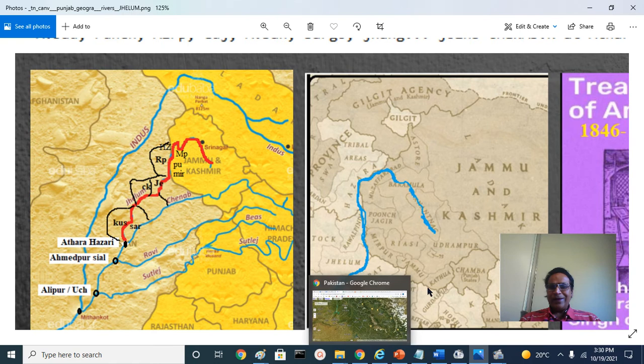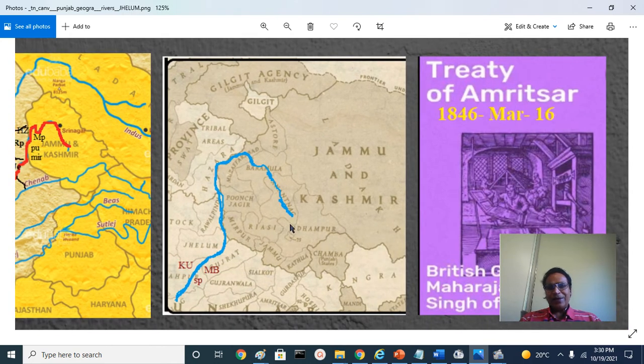And here I have given another important representation. This is from the perspective of Maharaja Gulab Singh's territory. This is Gulab Singh's territory, or the princely state of Jammu and Kashmir, which consists of the provinces of Jammu, Kashmir, and Ladakh, and dependencies like Gilgit Agency, Astor, and certain other ilakas or regions.